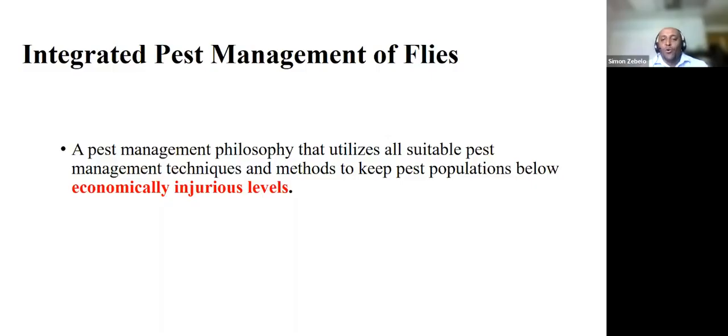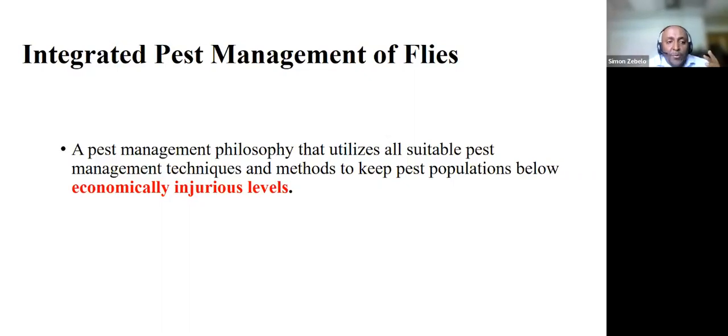In other words, IPM is just integrating different pest management techniques, biological, cultural, pesticide, but in a socially acceptable, environmentally friendly, and economically affordable way. That's another definition of IPM.